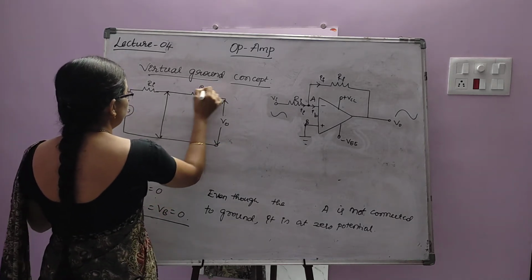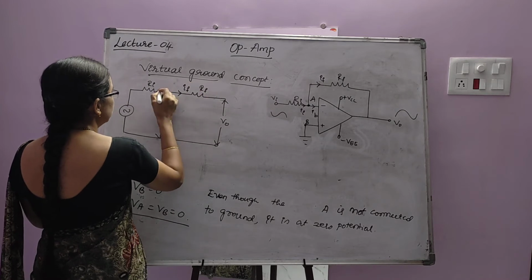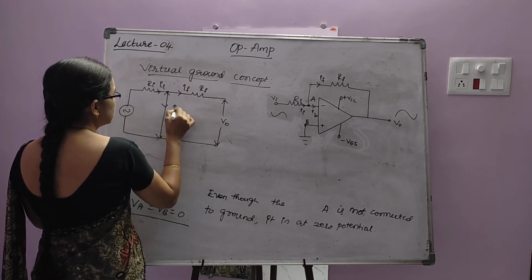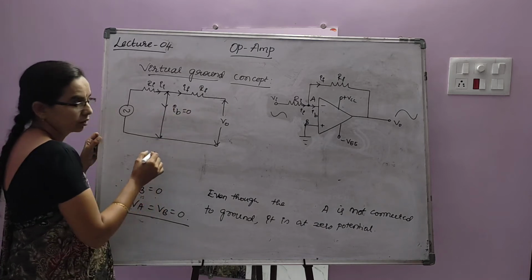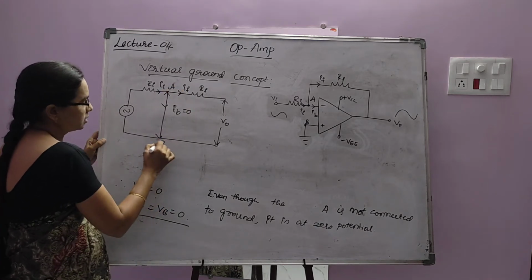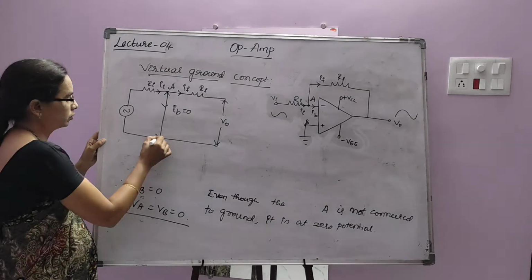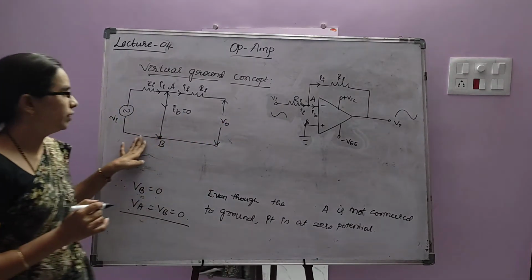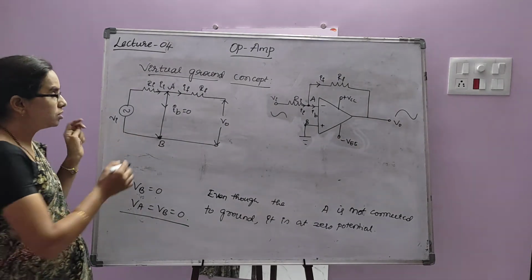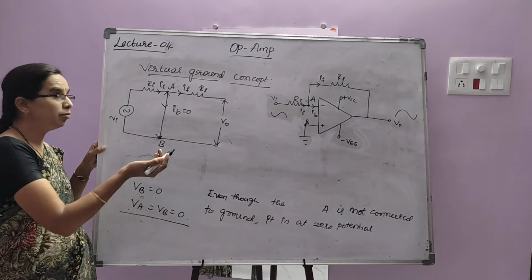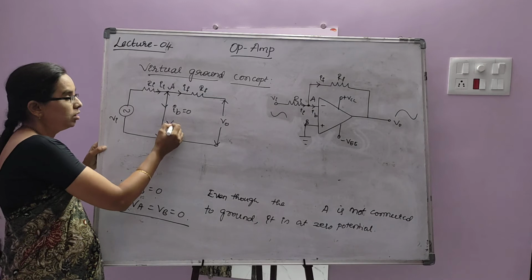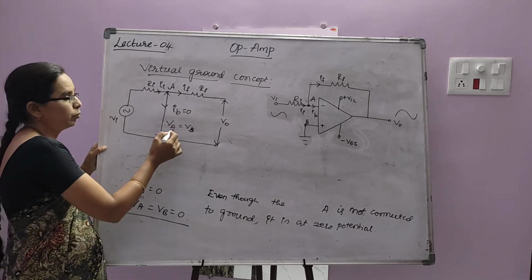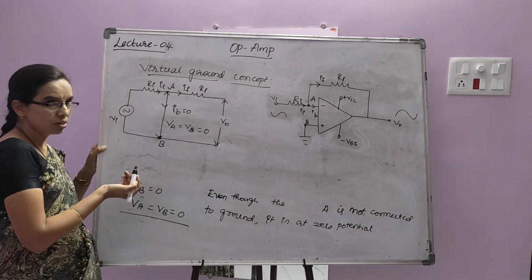It is RF, it is IF, it is II, IB will be 0. So this is the point A and this is the point B. VI is applied. This circuit is equivalent to this because it has high input impedance, so IB will be 0. VA is equal to VB. The potential at A is equal to the potential at B, and that is equal to 0.